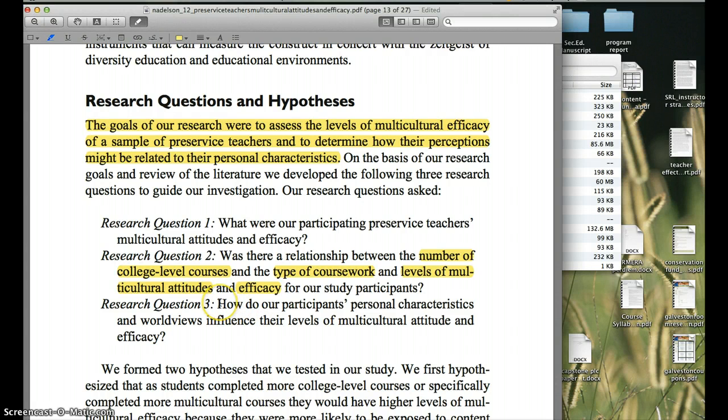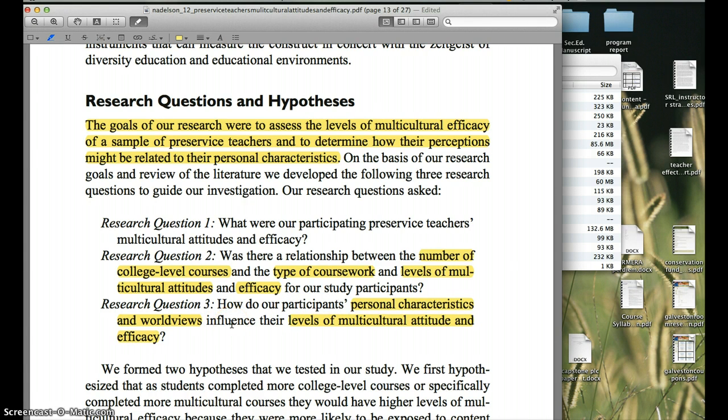The final research question: how do our participants' personal characteristics and worldviews influence their levels of multicultural attitude and efficacy? So this one has more of a clear independent variable and dependent variable. They're looking at these variables here, personal characteristics and worldview. So how does that variable influence their attitudes and efficacies?